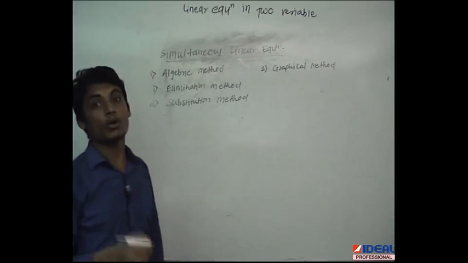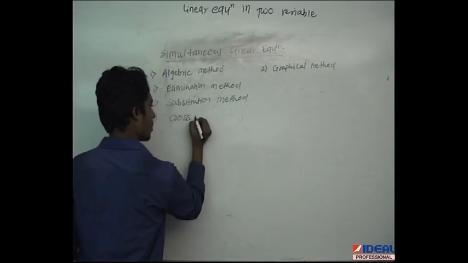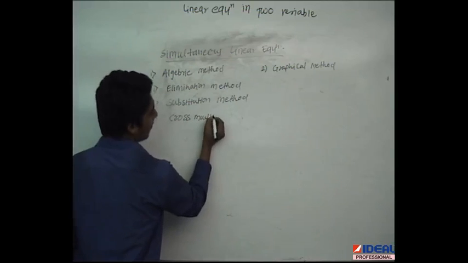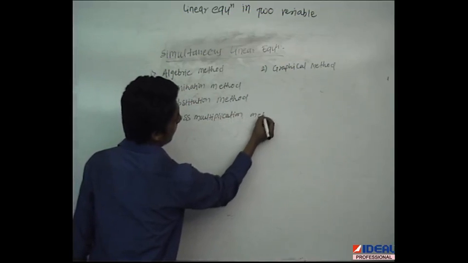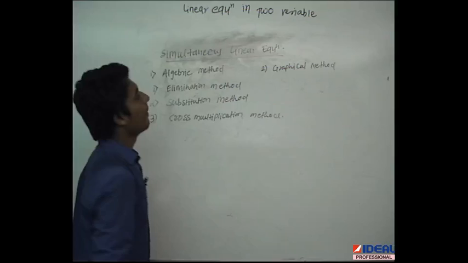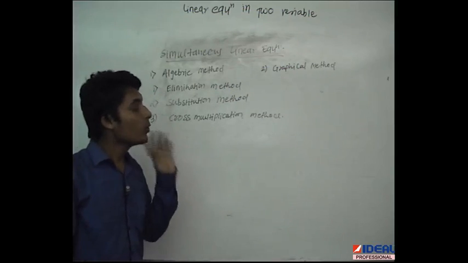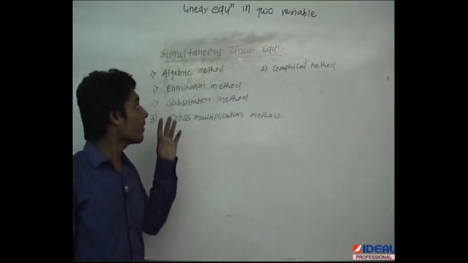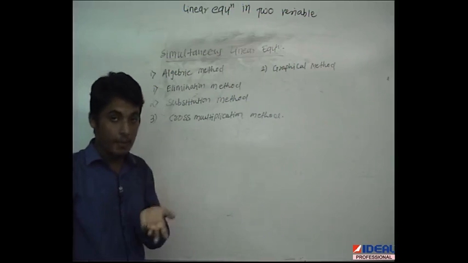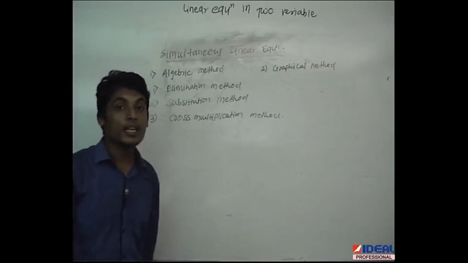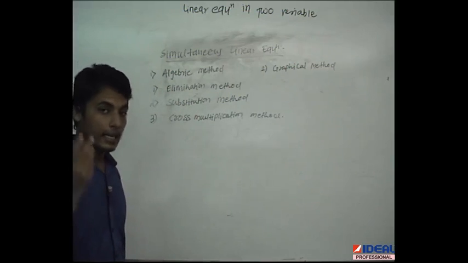And number three is the cross multiplication method. So for simultaneous linear equations, there are two major methods: number one, algebraic method, number two, graphical method. In the algebraic method, there are three sub-methods: elimination method, substitution method and cross multiplication method. So let's see the elimination method first.